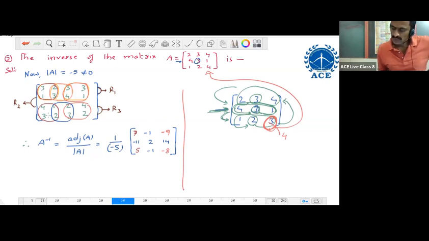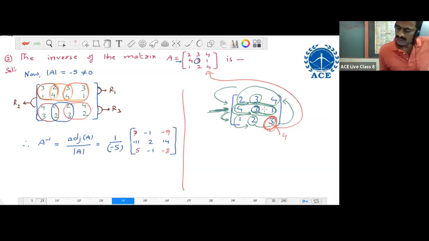Okay. Next last row, 1, 2, 3, 4 like this, 2, 4, 1, 2, 1, 2, 4. This is 4. I am correcting this. This is 4, 2, 4, 1, 2, 1.